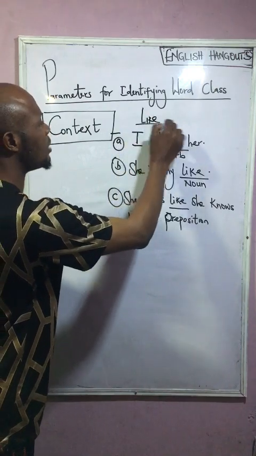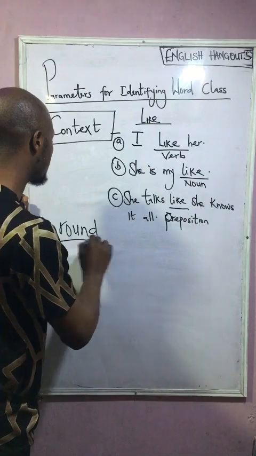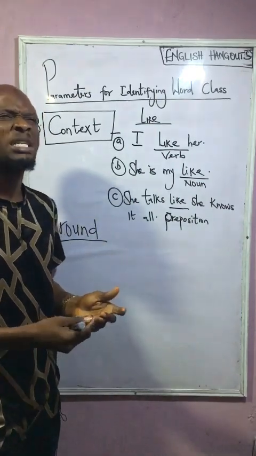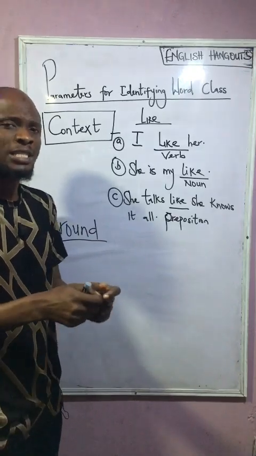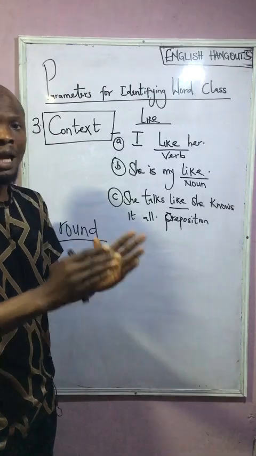So let us use another lexical item, which is round. Round as a lexical item can also be used in different contexts, and the meaning that such a lexical item will generate will differ from one another.